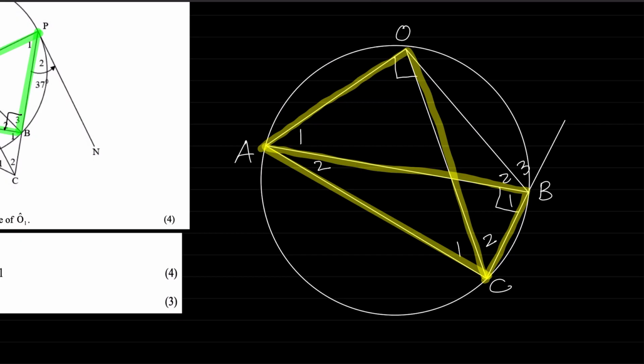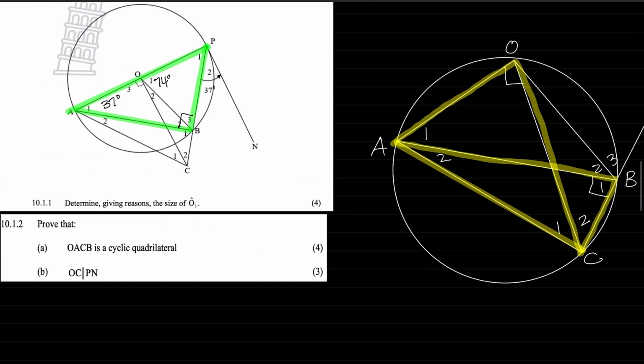But the converse of the angles in the same segment helps us to prove that it's a cyclic quad. Because remember, the converse tells us that if they are angles in the same segment, that's on the same side, then the 4 points will fall within a circle or will form a cyclic quad. So we've proven it here, and our reason is the converse of the angles in the same segment.